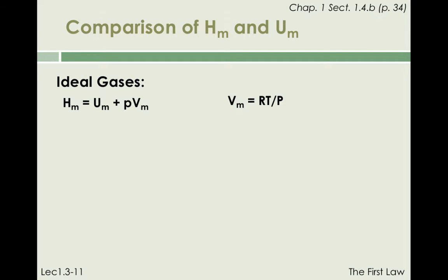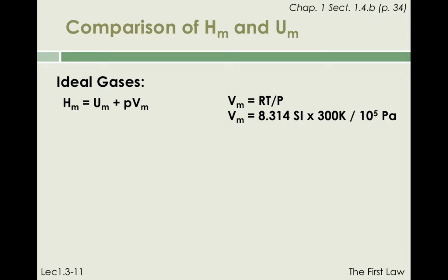For ideal gases, the molar volume can be written using the ideal gas law as Vm equals RT divided by P. To get an idea about the magnitude of the volume per mole of ideal gases under ambient standard conditions, let us plug in this equation 300 Kelvin and 1 bar as the values for the temperature and pressure.